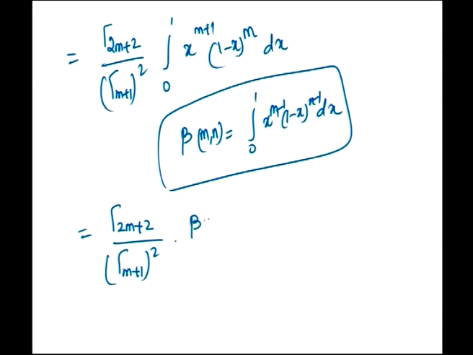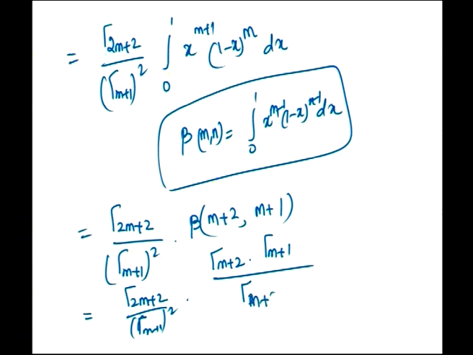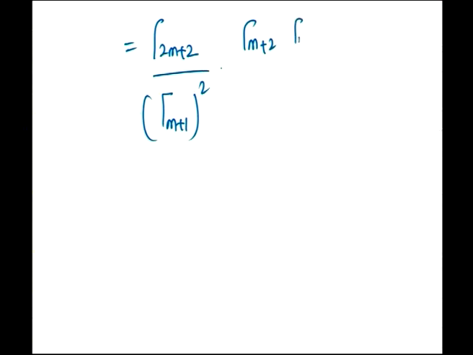So, it becomes beta of m plus 2 comma m plus 1, which is equal to gamma 2m plus 2 by gamma m plus 1 whole square into, according to the formula, gamma m plus 2 into gamma m plus 1 divided by gamma m plus 2 plus m plus 1. Okay. So, that becomes equal to gamma 2m plus 2 by gamma m plus 1 whole square into gamma m plus 2 gamma m plus 1, one gamma gets cancelled, gamma 2m plus 3.